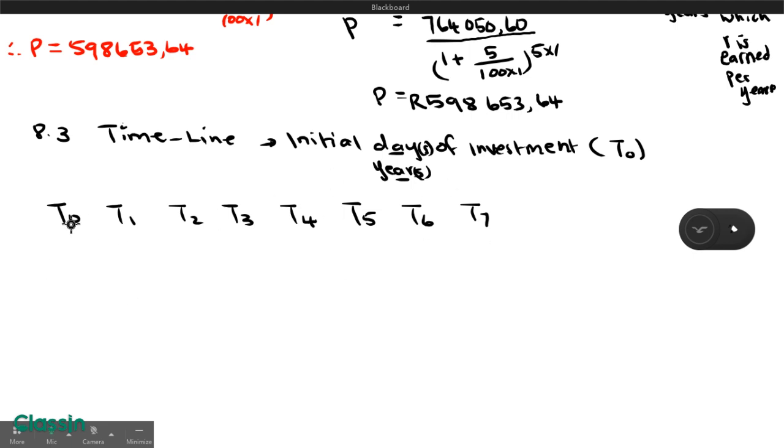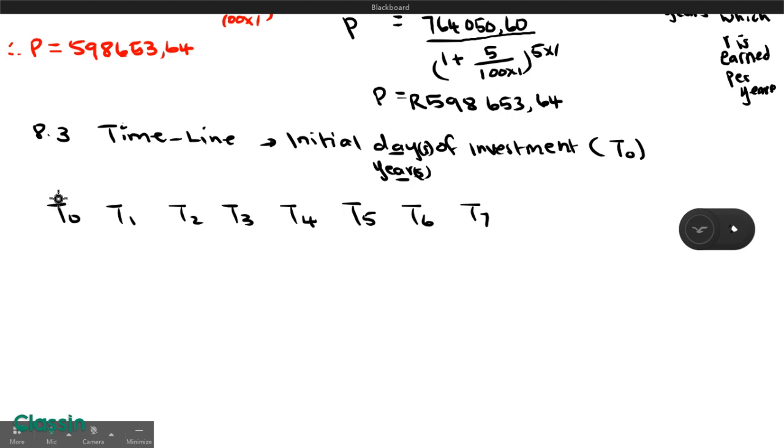Why do we start with T0? Because in the year that a person makes the investment, we must know that in that year they have not yet completed a 12-month cycle, and therefore they will complete the 12-month cycle in the following year. So that from the day that you do your investment until the same date next year, that is completing a 12-month period.